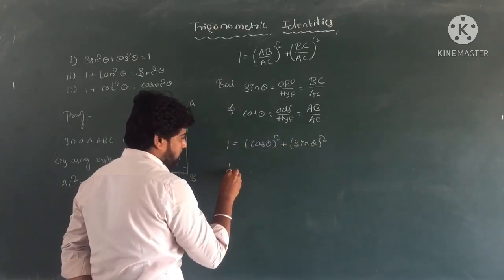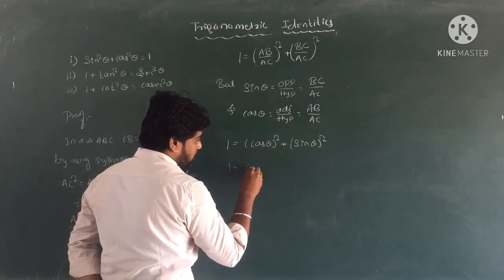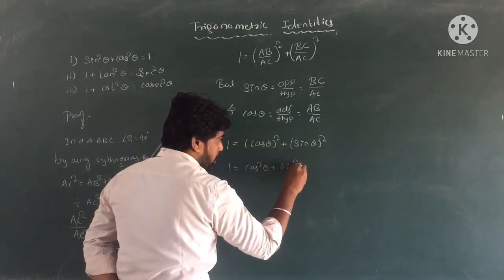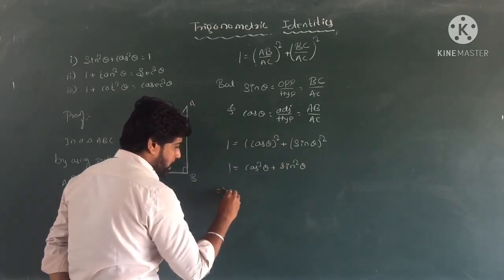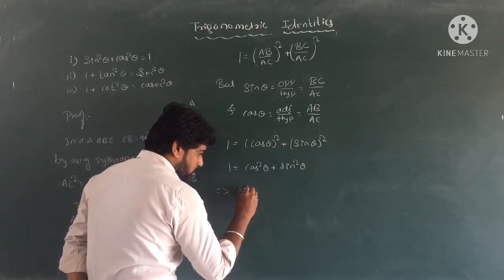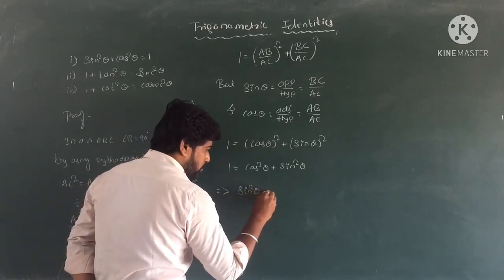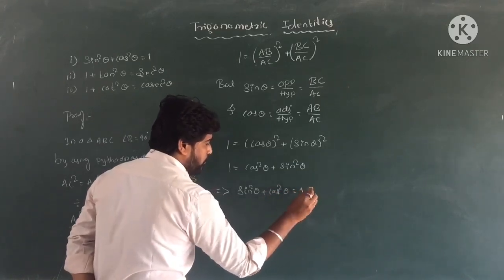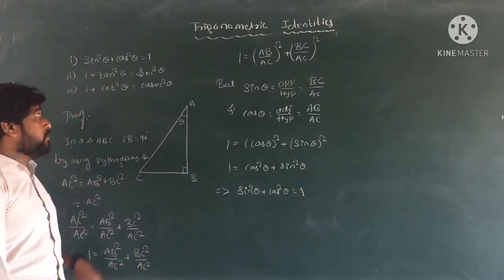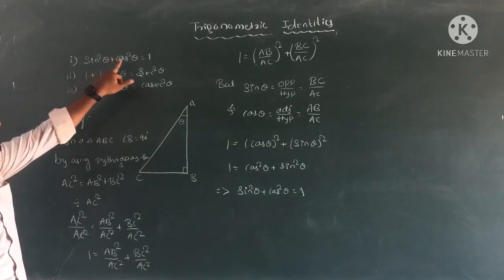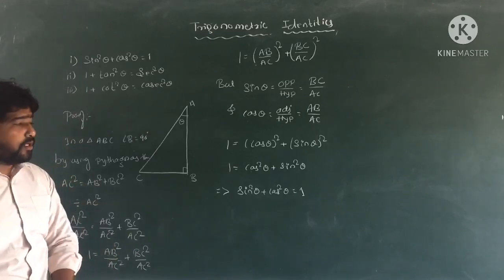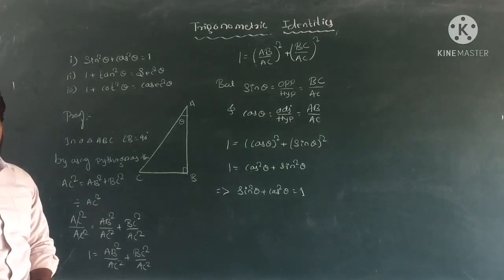So this one we can write cos square theta plus sin square theta. So this implies sin square theta plus cos square theta is equal to 1. So it is the first one: sin square theta plus cos square theta is equal to 1.